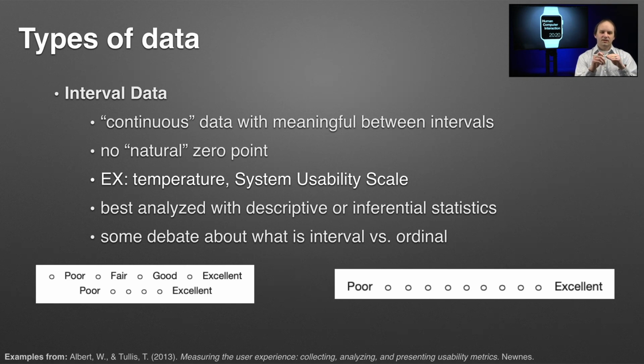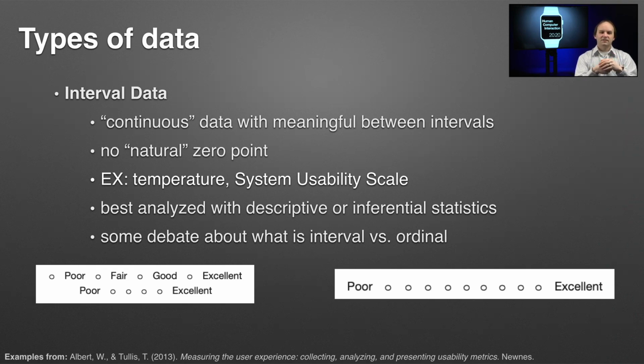So interval data, I should say, also has no natural zero point. Some examples, believe it or not, include temperature. The zero point we choose for temperature depends first of all on the unit that we're using, but that's mapped to something that we've chosen. There's no natural zero point there. The same with a lot of these usability scales that we've discussed. There's no natural zero necessarily in these scales.